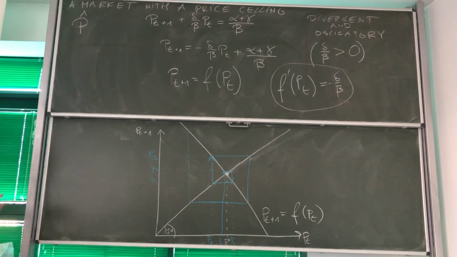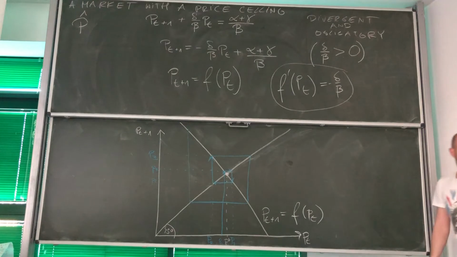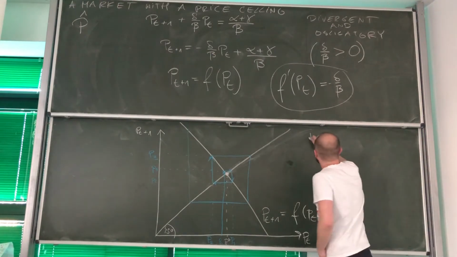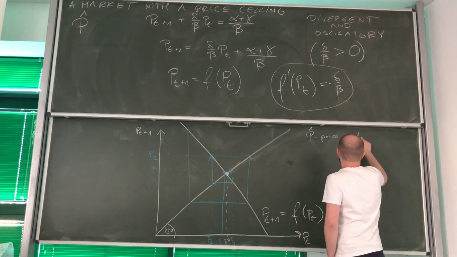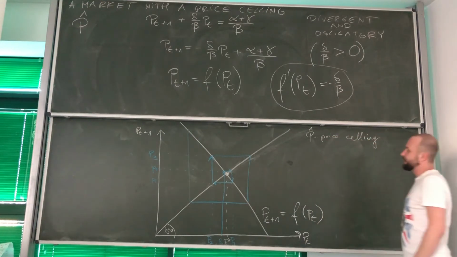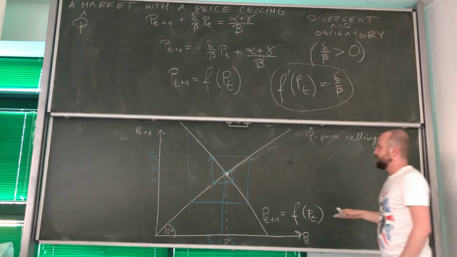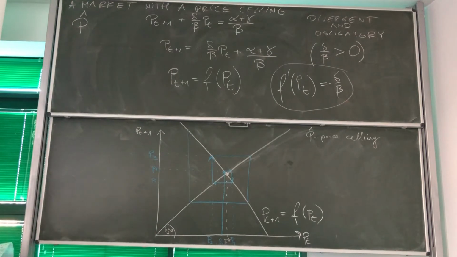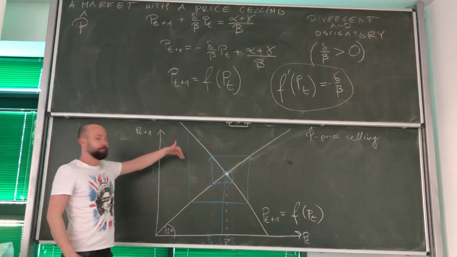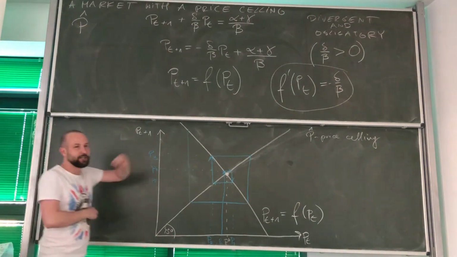So let's just say that our government wants to do something about it. And what government is trying to do is to impose a price ceiling. We will be denoting it as P hat. This is the price ceiling. Okay, so this is a price above which the price of this good cannot go. So what does it mean? It's like a price cap. It means that price cannot go higher.